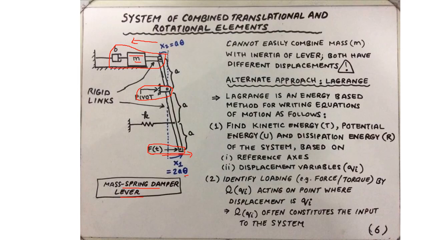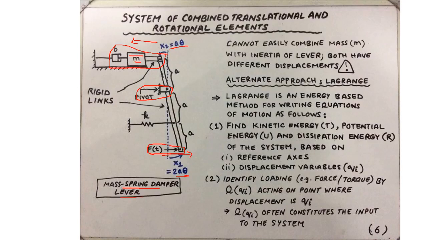So there are two problems in coupling the discrete inertia of the lever and the mass m here. One of them being that the mass has a different amount of displacement compared to the displacement of the lever. And the other problem is that the mass is exhibiting linear displacement, whereas the lever will exhibit a rotational displacement.